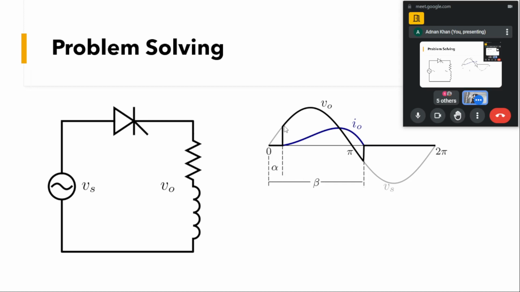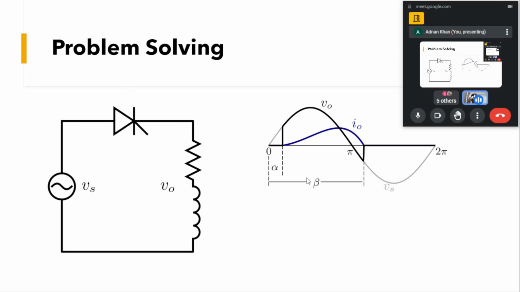So the device will start conducting, and as we have an RL type of load, after this pi interval, as the current through the inductor won't change instantaneously, there will be some negative voltage also at the output. Now as soon as this output current comes to be zero, the SCR stops conducting.